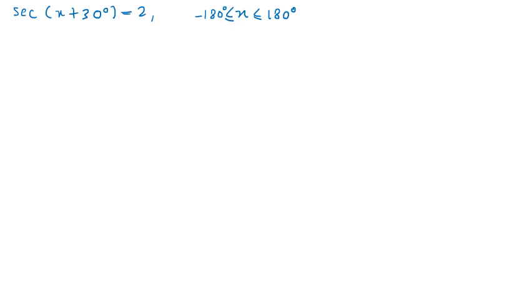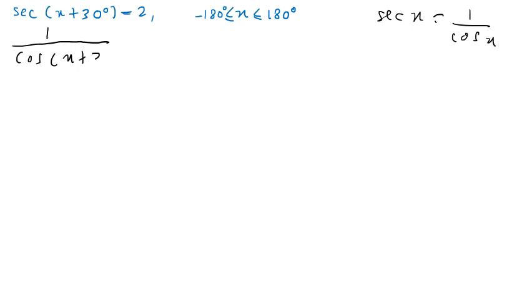Firstly, you have to know that there is no direct value for secant. We only have the direct values of sine, cos, and tangent. So I suggest you change secant into 1 over cos. In this case, it becomes 1 over cos of x plus 30 degrees equals 2.